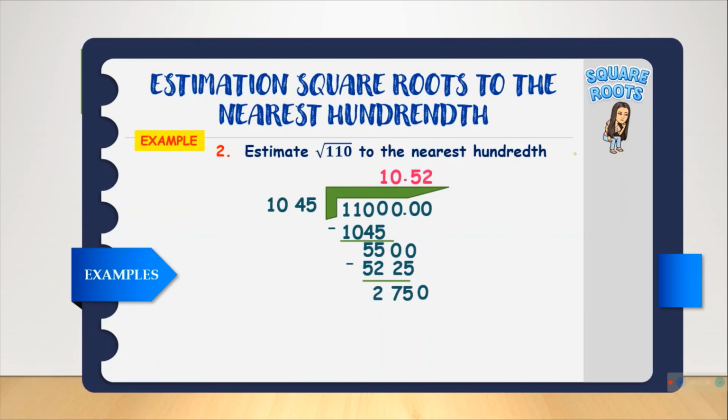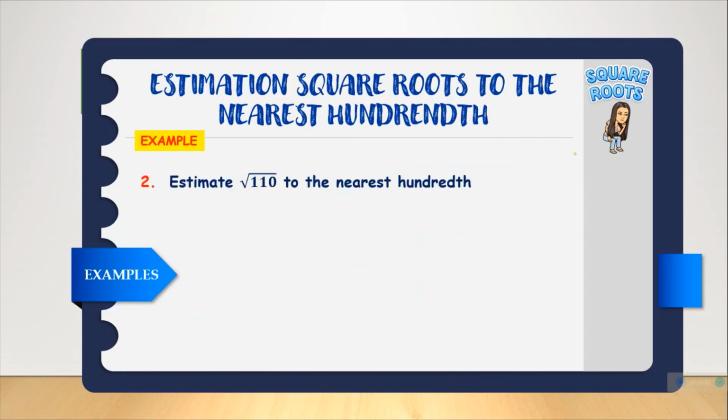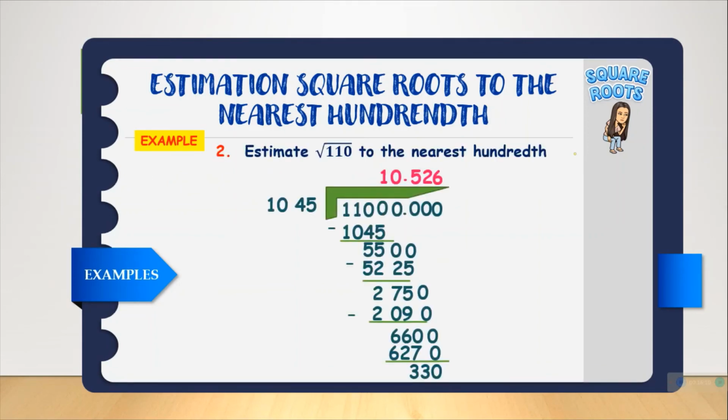So, 2,750 divided by 1,045 is equal to 2. 2 times 1,045, that is 2,090. So, i-minus natin yan, magiging 660. And then, we will add again 0. So, 6,600 divided by 1,045 is equal to 6. 6 times 1,045 is 6,270. Minus natin sa 6,600. Ang magiging sagot ay 330.